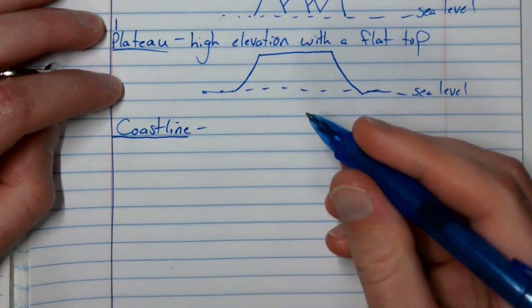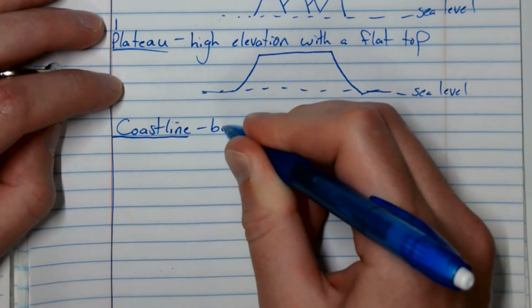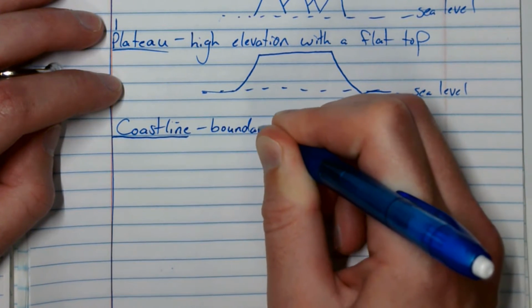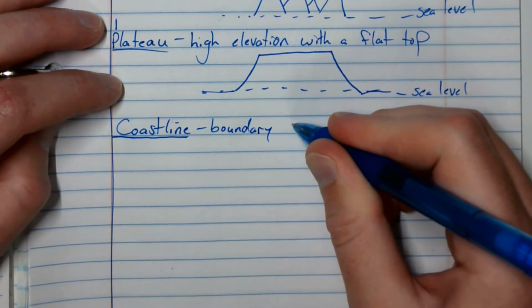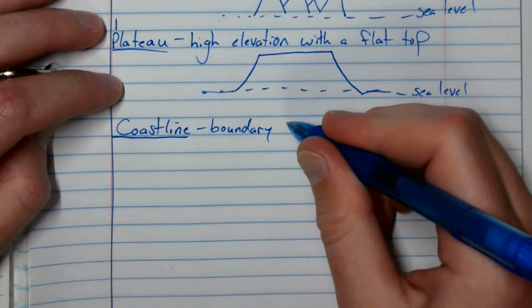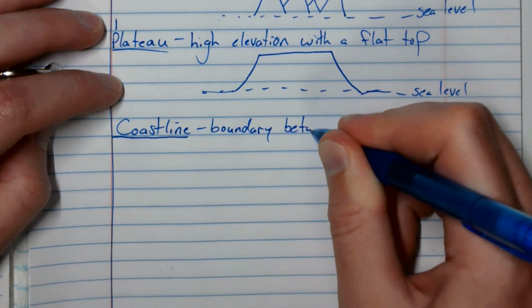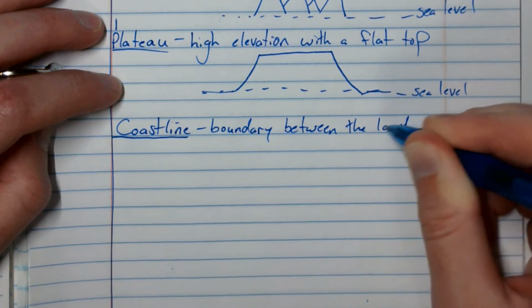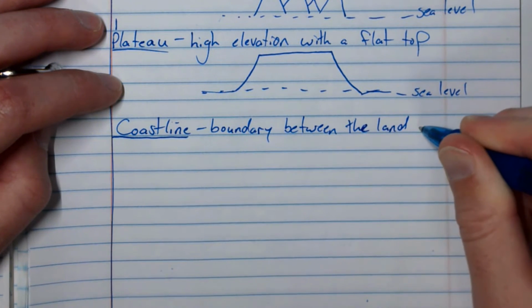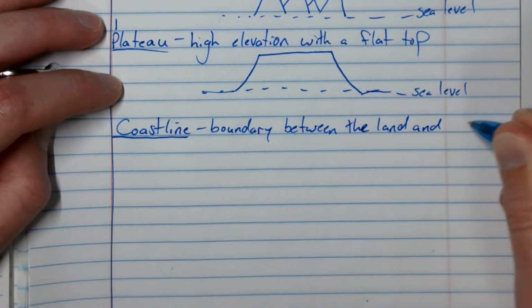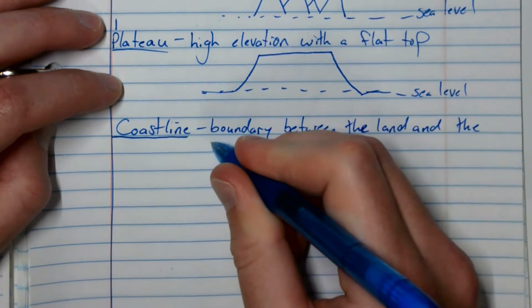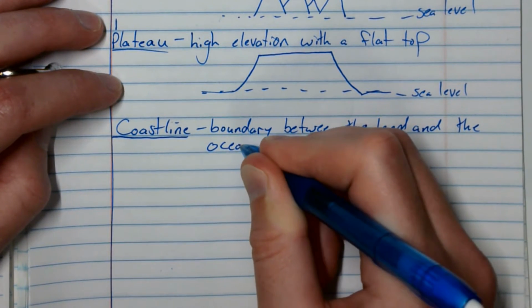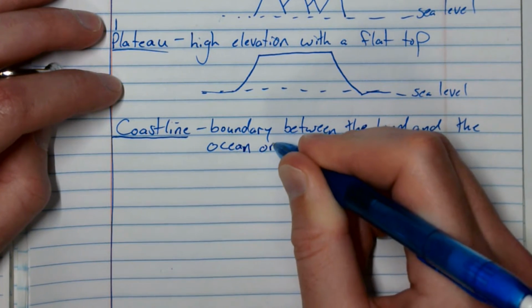All right, so a coastline is just this boundary between the land and the ocean. Or lakes.